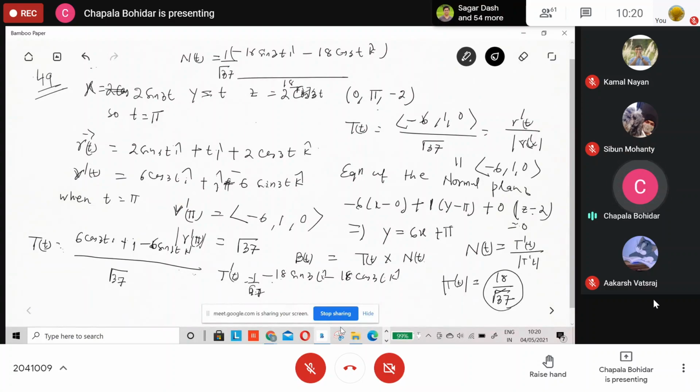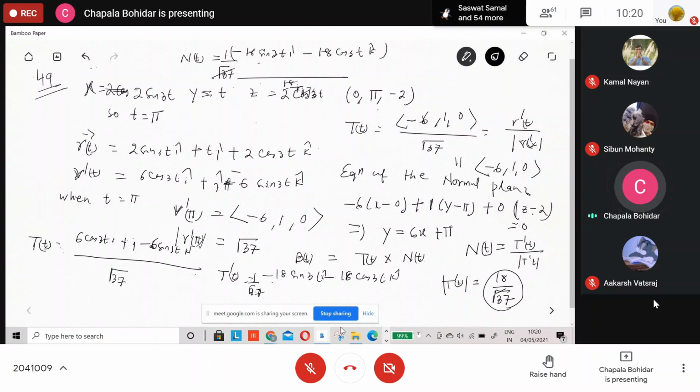So this root 37 is cancelled out. We'll have value only 18. 1 by 18 is also a scalar multiple, so it also cancels out here. 18 cancels out, you see.